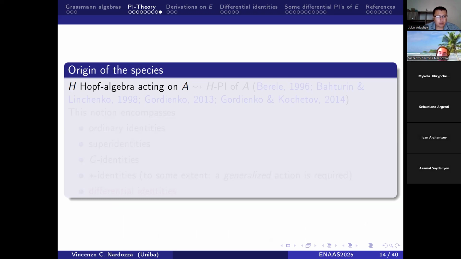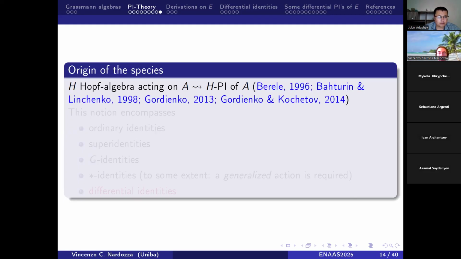Because if we let a Hopf algebra H act on an algebra A, then it arises the notion of H-polynomial identities of A. And starting from an intuition of Berele in a paper in '96, then a sequence of relevant works by several authors, we have the notion of H-polynomial identities, identities of an algebra under a Hopf algebra action.